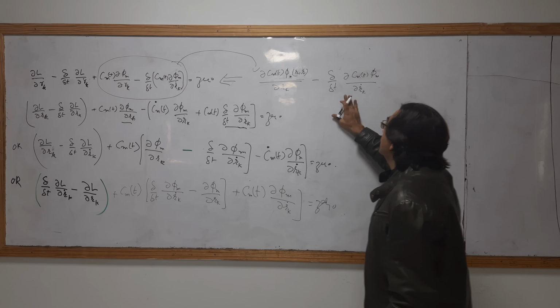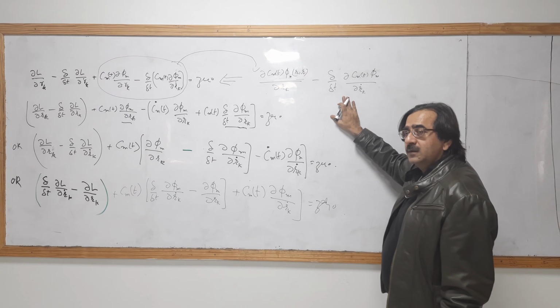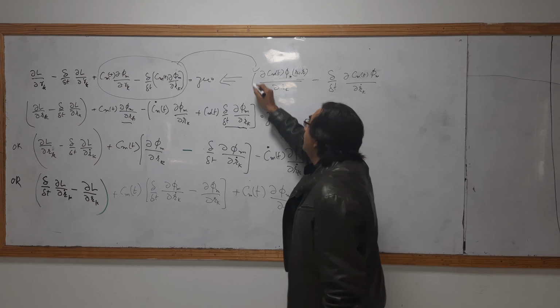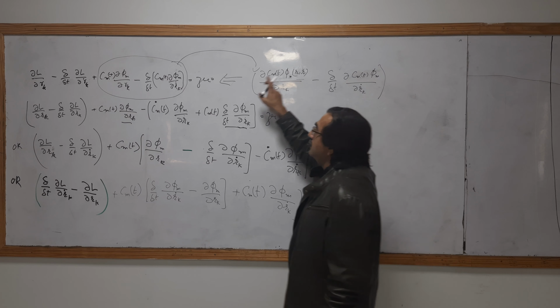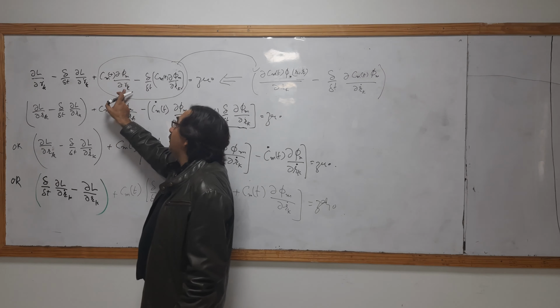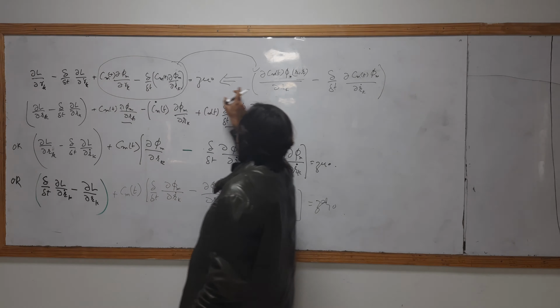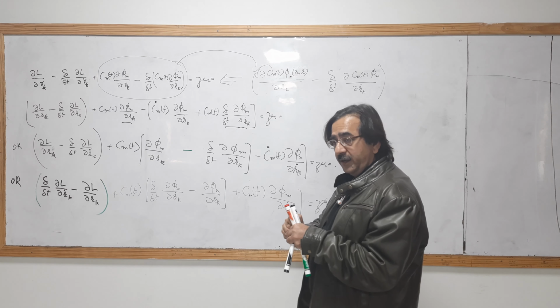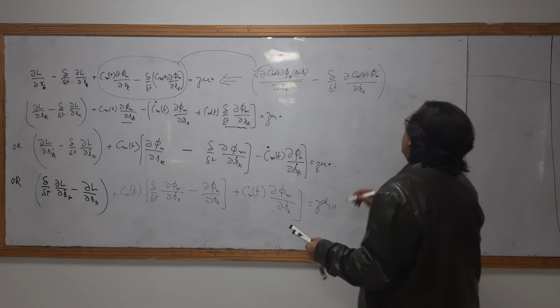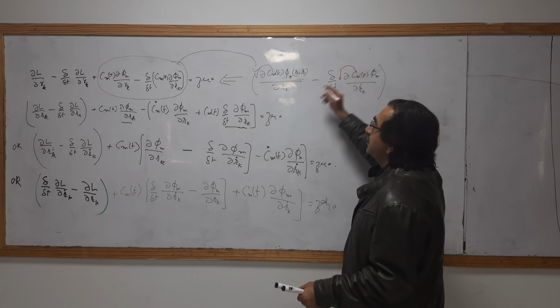Okay, Cm phi m, this will be the integration. This was the result. Cn is constant, so it will come out with respect to Rk. It will come out from this. And here Cm is also constant. It will come.